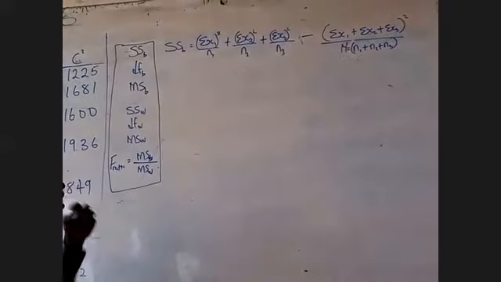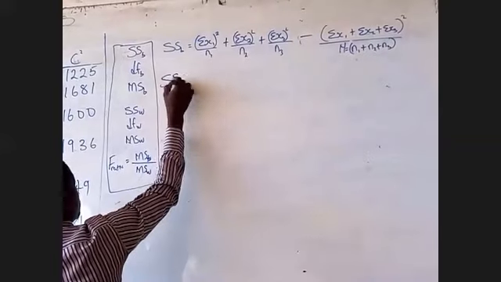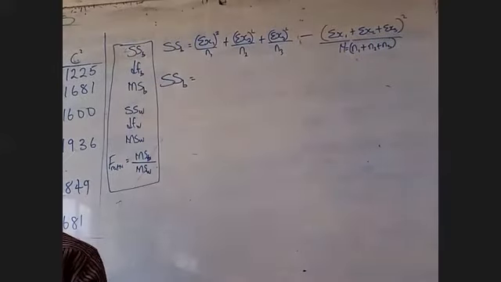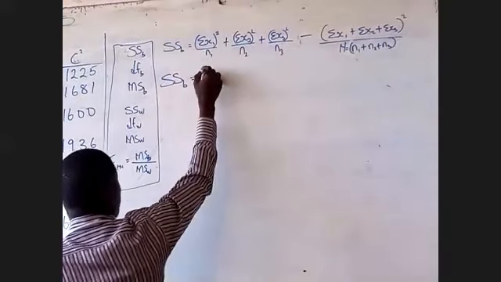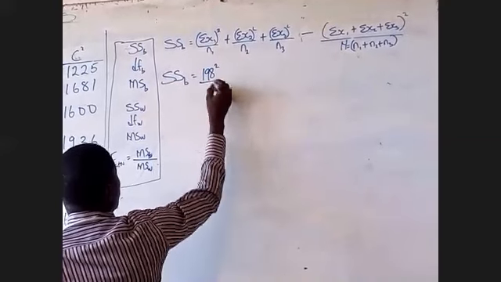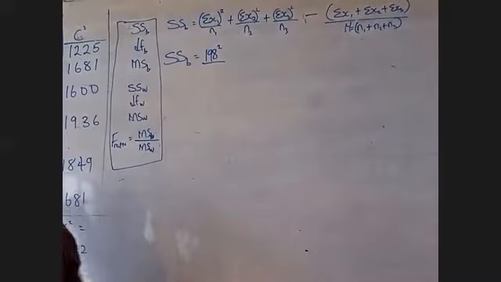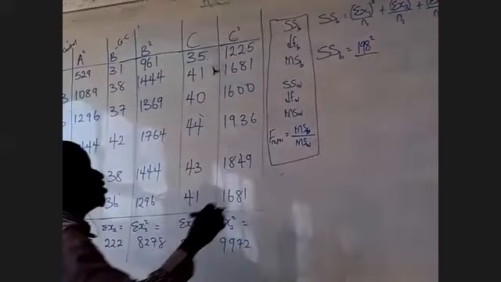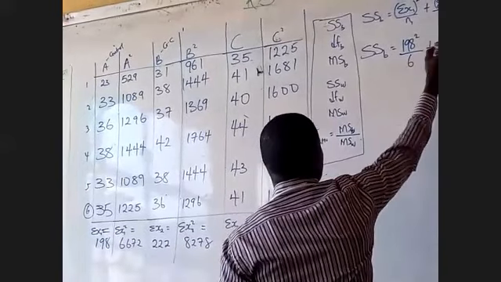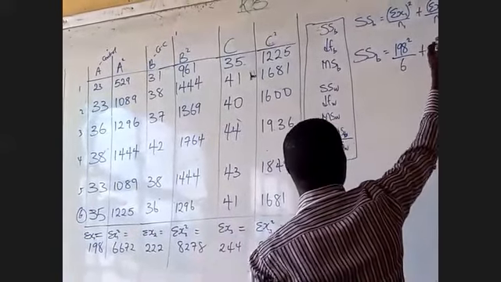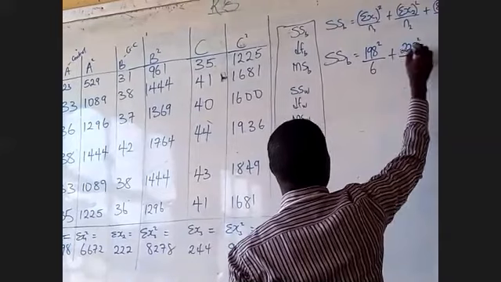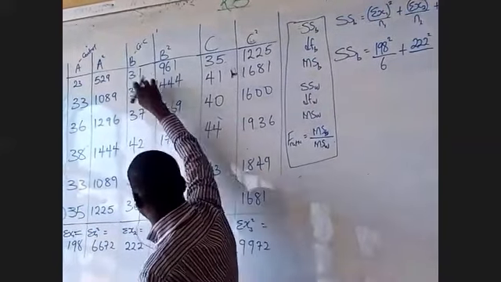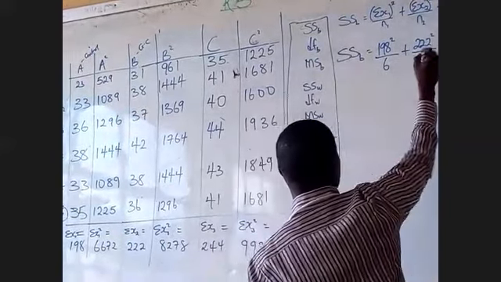All right, so now let's move on. From here, our SSB will be equal to summation of x1, which is 198 square over n1, which is 6. How did we get 6? 1, 2, 3, 4, 5, 6. Plus summation x2, which is 222 square over n2. n2 is also 6.